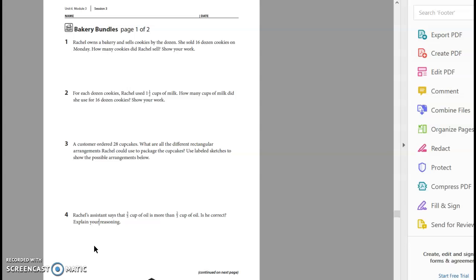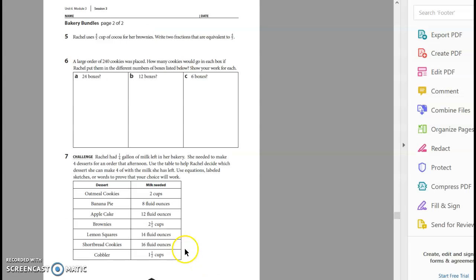You could draw it with the same size rectangles, cutting one up into 5 equal sections and 1 into 3, and then shading 3/5 and then 2/3. But what this is really asking is, which one is bigger? Is 3/5 bigger or is 2/3 bigger? Okay, that's number 4.